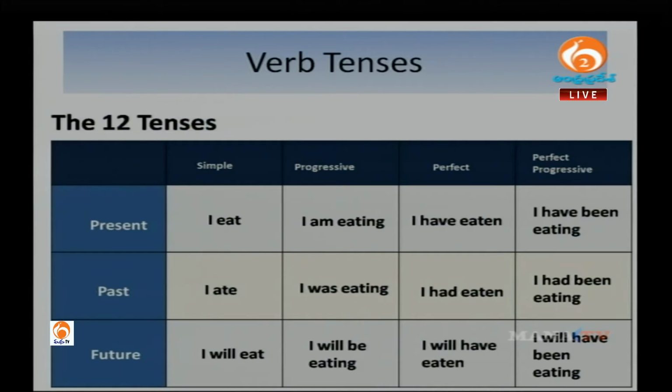Present continuous is nothing but presently you're doing something. That is all the detail that you're giving. You're not giving any more details like will it be continuing or was it continuing? No. Right now it is happening. So the example given over here is I am eating. Okay, moving on.